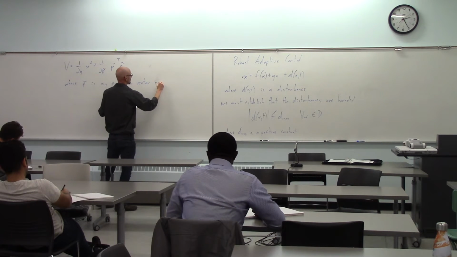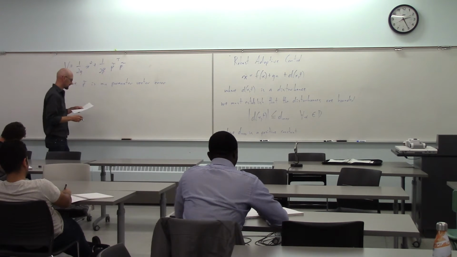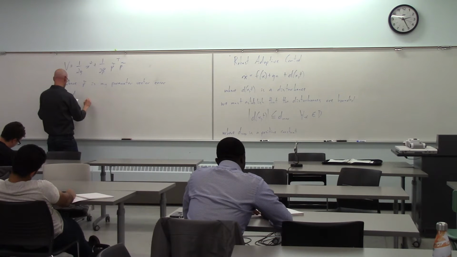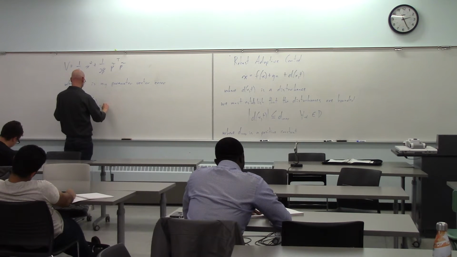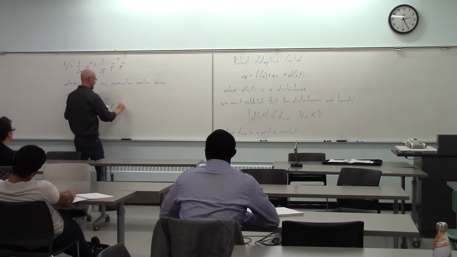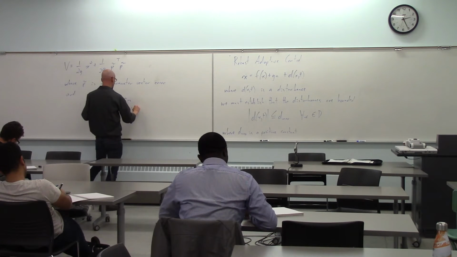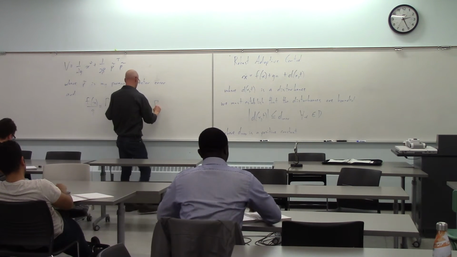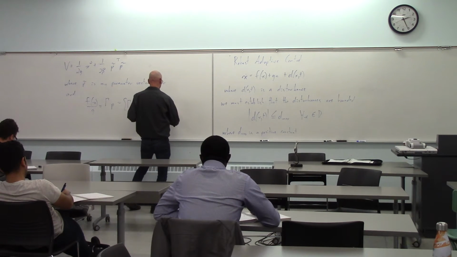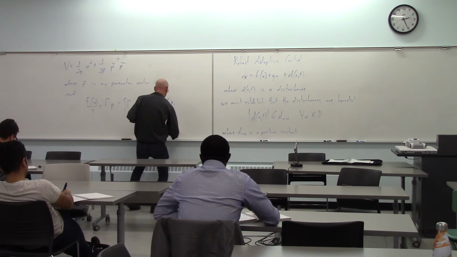So a vector of parameter errors in my system, and f of x over g is equal to gamma p, which is gamma 1, gamma 2, ... gamma m times p1, p2, all the way down to pm.